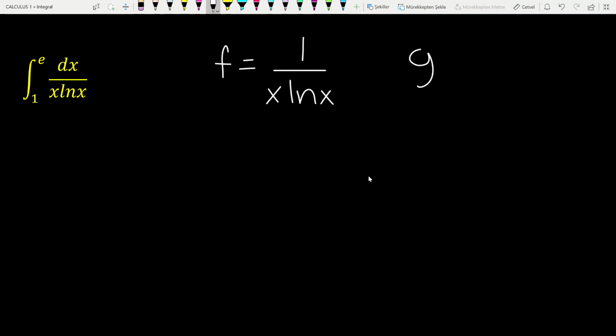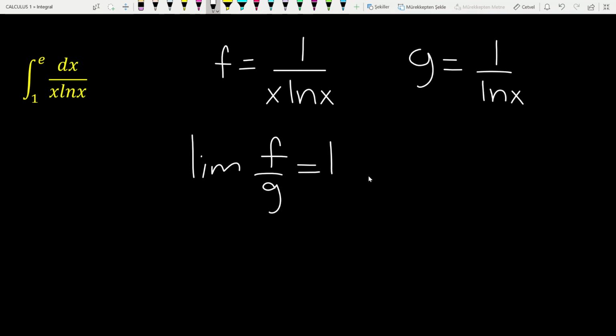And I want to write a function g. Let's say g is equal to 1 over ln x. I first want to look at the limit of f over g. The limit of f over g is equal to the limit of 1 over x, as you see. So this is equal to 1.